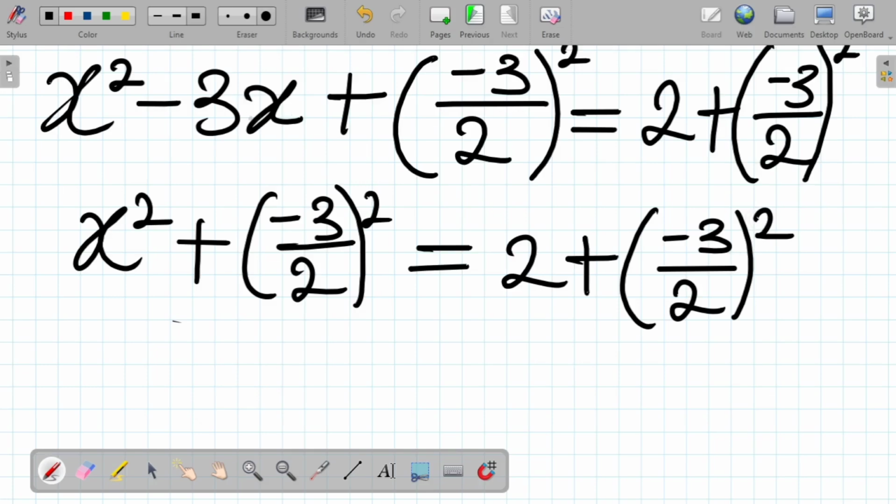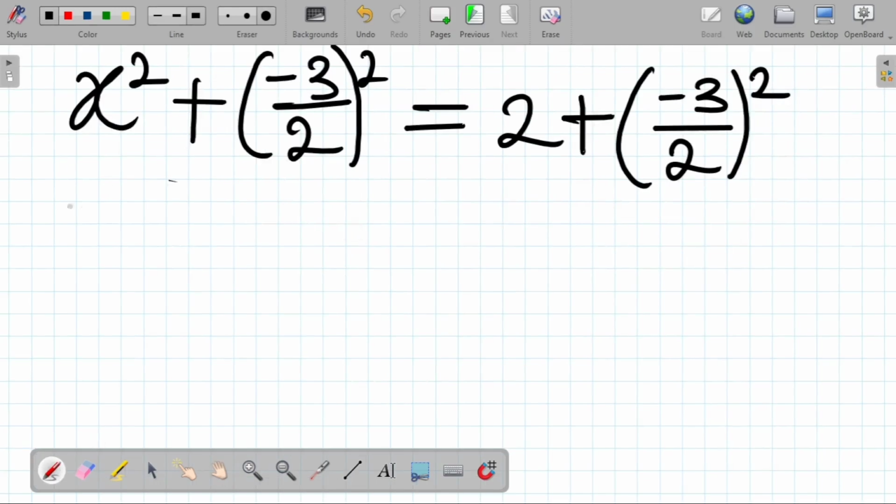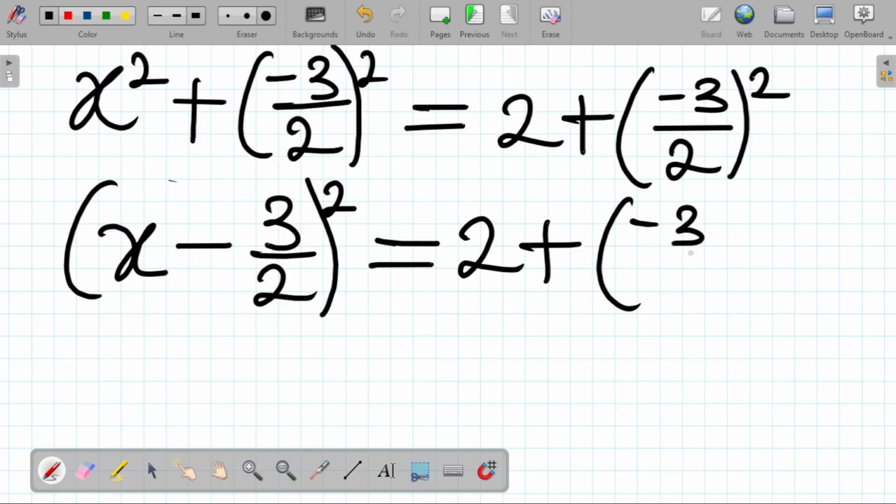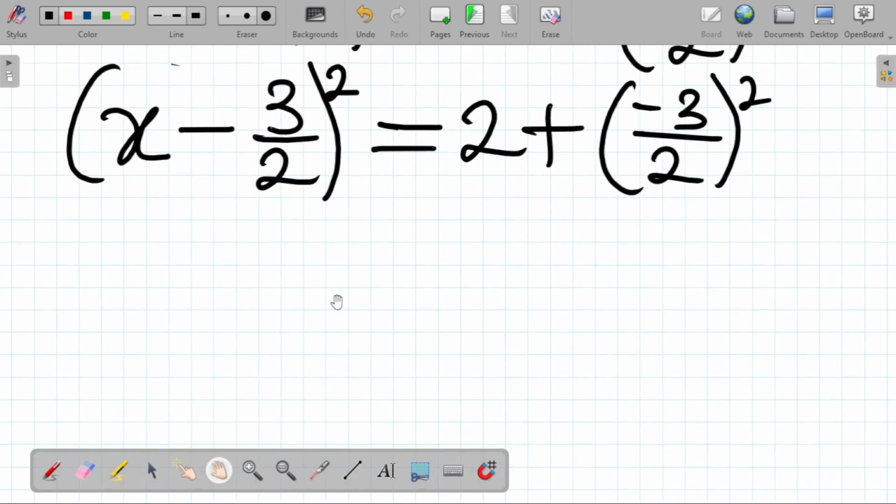So we are discarding negative 3x. This can be written as x minus 3 all over 2 all squared equal to 2 plus negative 3 all over 2 all squared. So our next task here is to expand the brackets in the right hand side.